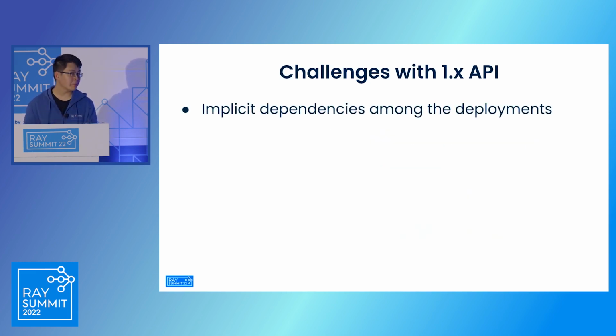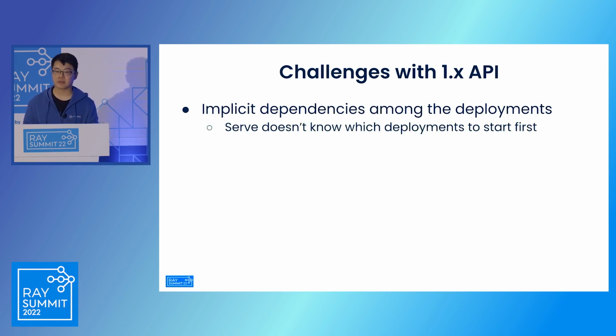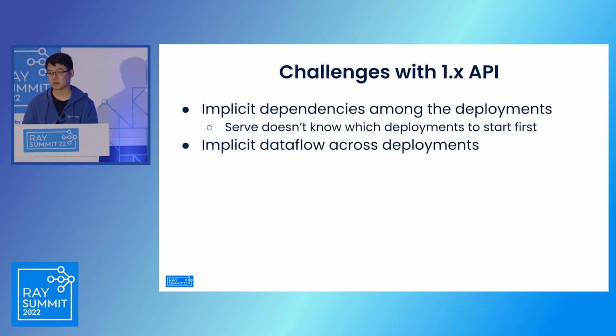Now, it does come with a lot of challenges, as you might have seen before. Because we're creating the serve handle using our Python code in our init function, Serve doesn't know which deployment to start first, and how to manage the dependency between the two. There's also implicit data flow across deployments. In this case, it's hard to read, debug, and understand what's going on because everything is written in code in this imperative API.